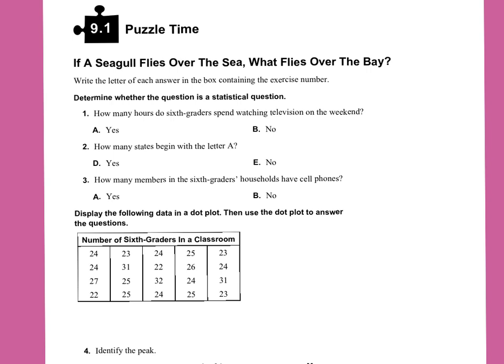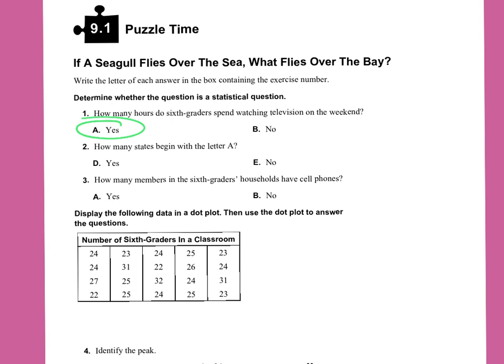Number one, how many hours do sixth graders spend watching television on the weekend? Is that statistical? Am I getting more than one answer back if I ask that question? Yes, it is. Number two, how many states begin with the letter A? Okay. How many are there, more than one? Alabama, Arkansas, there's other ones, Arizona.